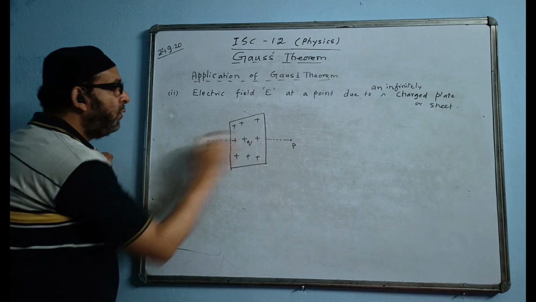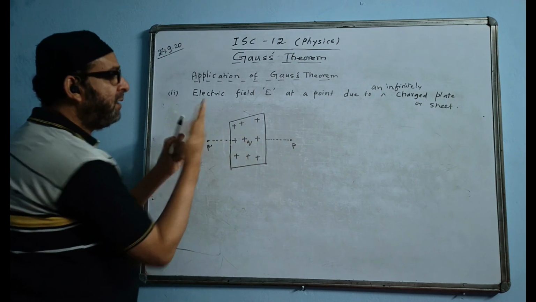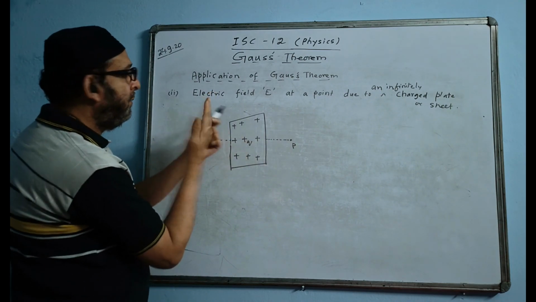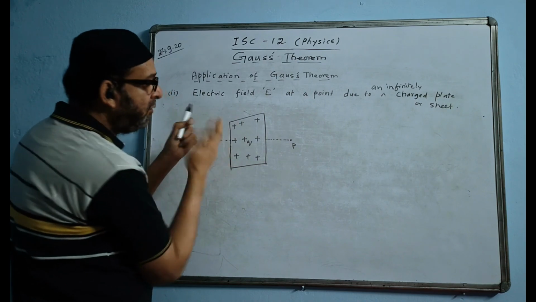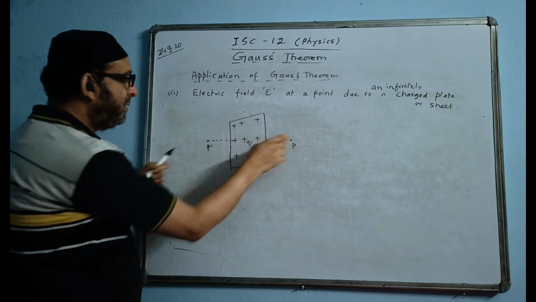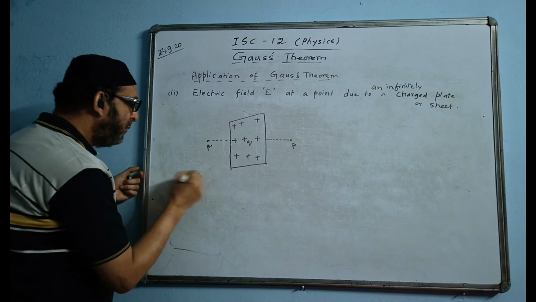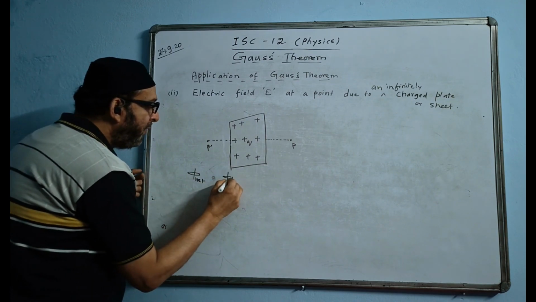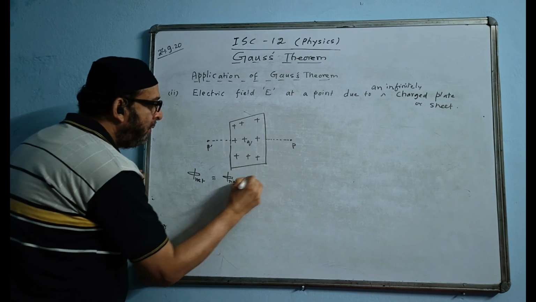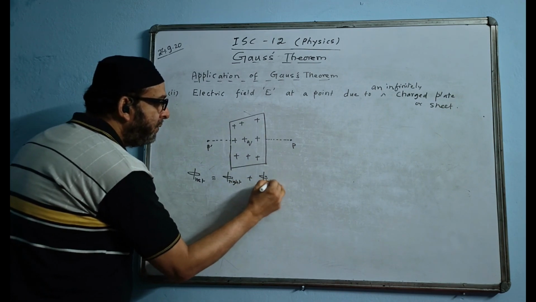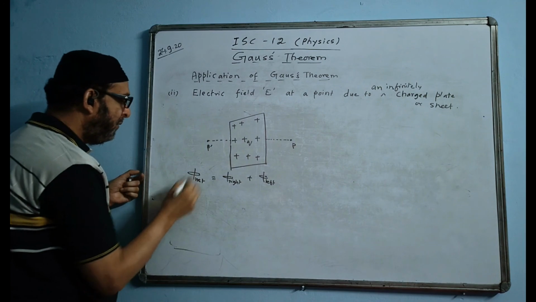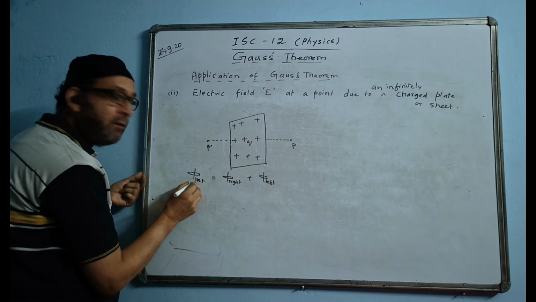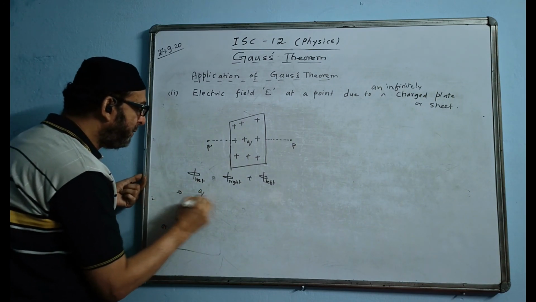Now there are two surfaces here like this. One surface on the back side, one on the front side. Or you can take the right side and the left side. This is the right side and this is the left side. We write here phi net will be equal to phi right plus phi left. Phi net, I will be using the Gauss theorem formula. Phi net formula is Q by epsilon naught.